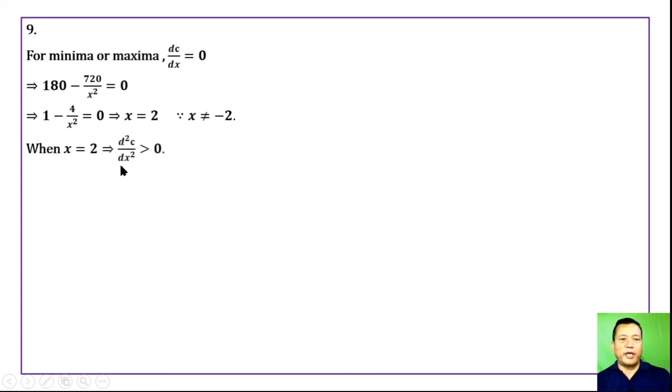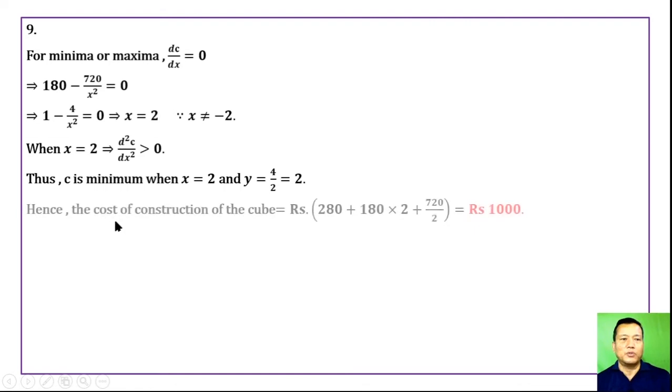When x is 2, the second order derivative value is positive. Thus C is minimum when x equal to 2 and y equal to 4 by 2, that is 2. Hence the cost of construction, with x replaced by 2, we get rupees 1000.